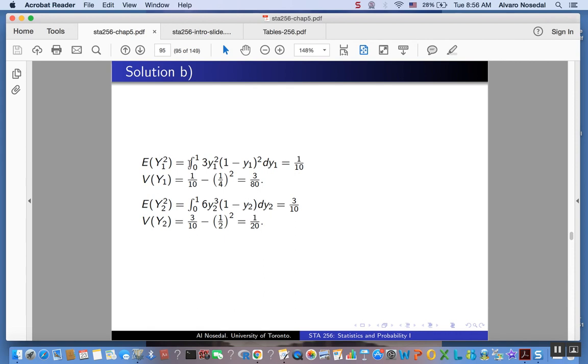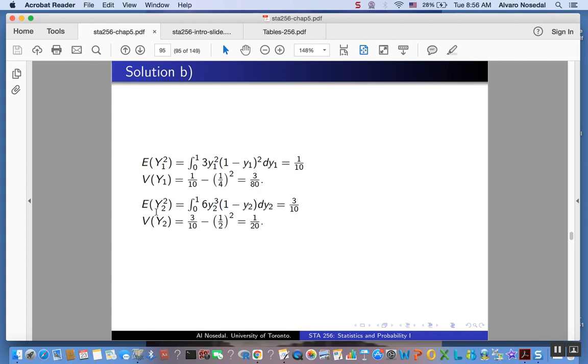Since you have the marginal, you find the expected value of y1 squared the old way. You could also use the joint PDF, and it's the same thing. As you can see, the variance is 3 divided by 80. So, different routes to do the same.